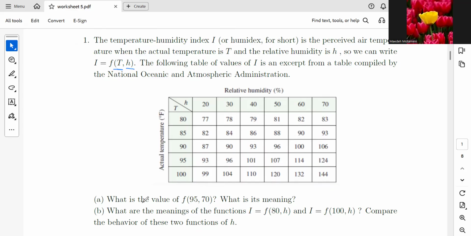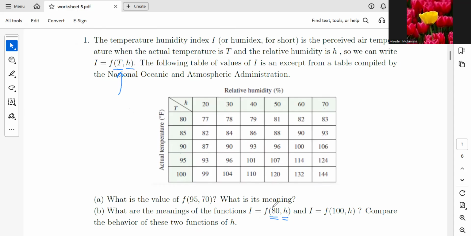Part B says, what are the meanings of the functions I equal f of 80 and h? So when the first one is 80, it means that the first variable, which is temperature, is going to be fixed, and the second one varies. So h varies, but the first one, which is temperature, is fixed.